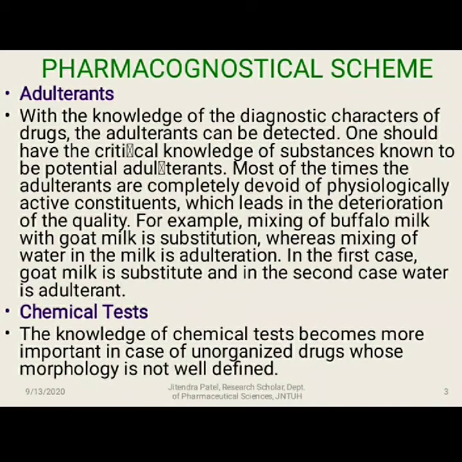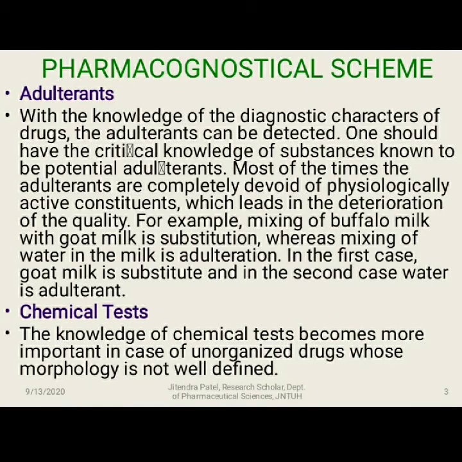So in that case we need to know what active constituents are there in the unorganized drug, and we perform the chemical test or chemical identification with a suitable reagent. For example, acacia is a carbohydrate containing crude drug, so we can perform the Molisch test, right? So we come to know whether the carbohydrate is there or not, right?